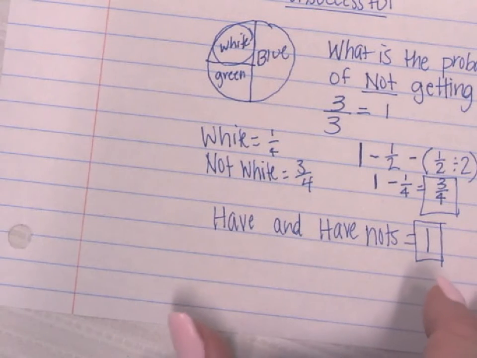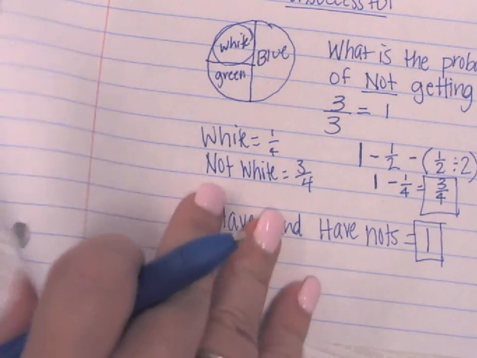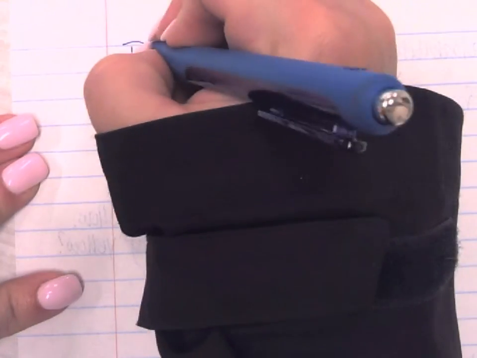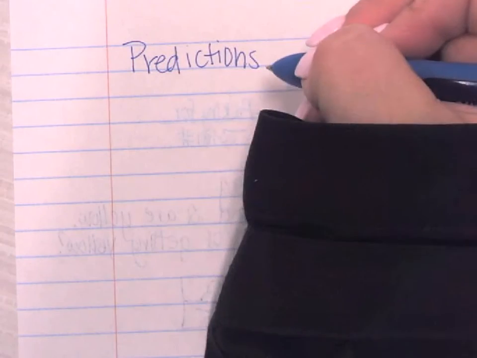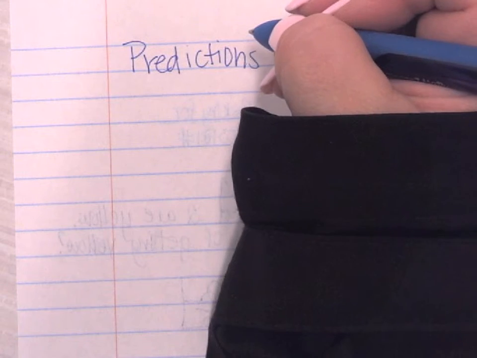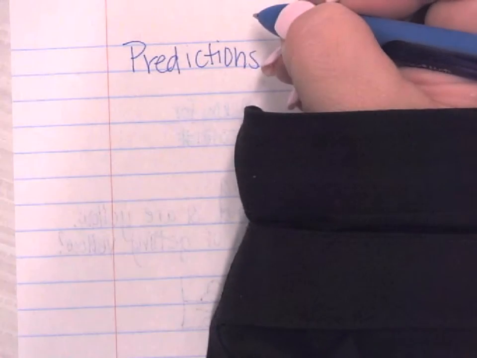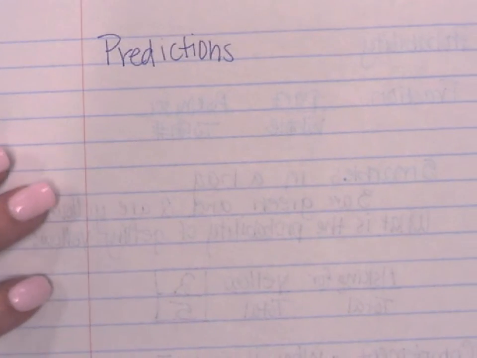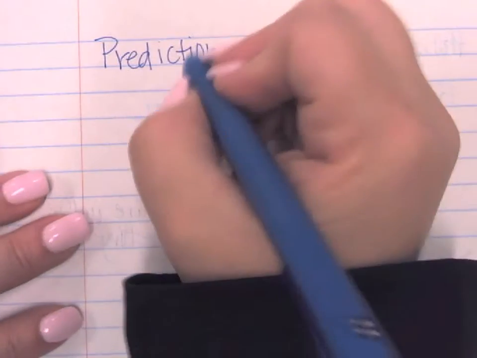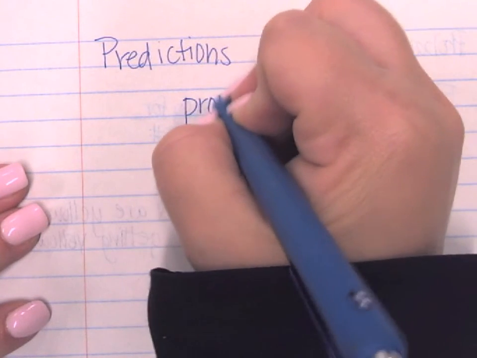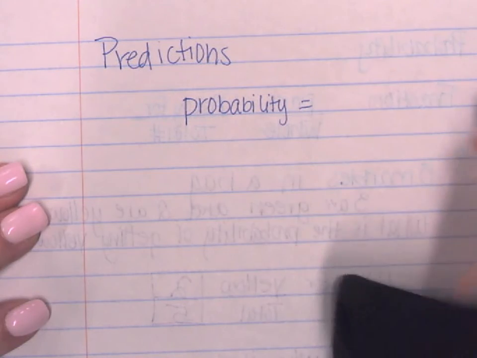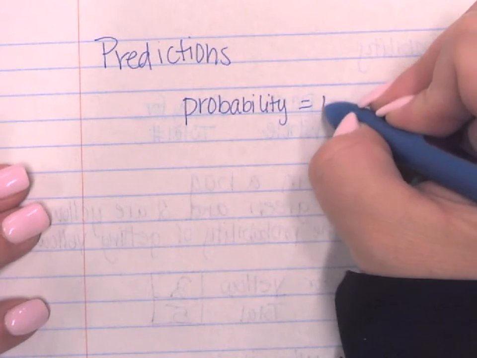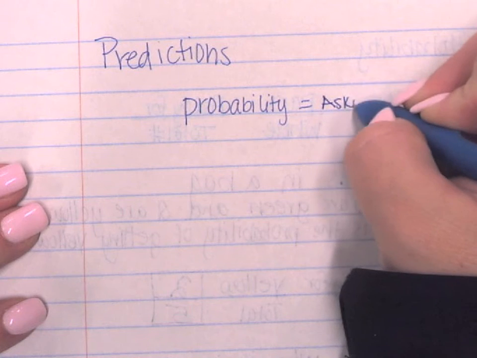All right, and then the next big thing was predictions. Okay, predictions. That means that you're taking the probability equals what they're asking for.